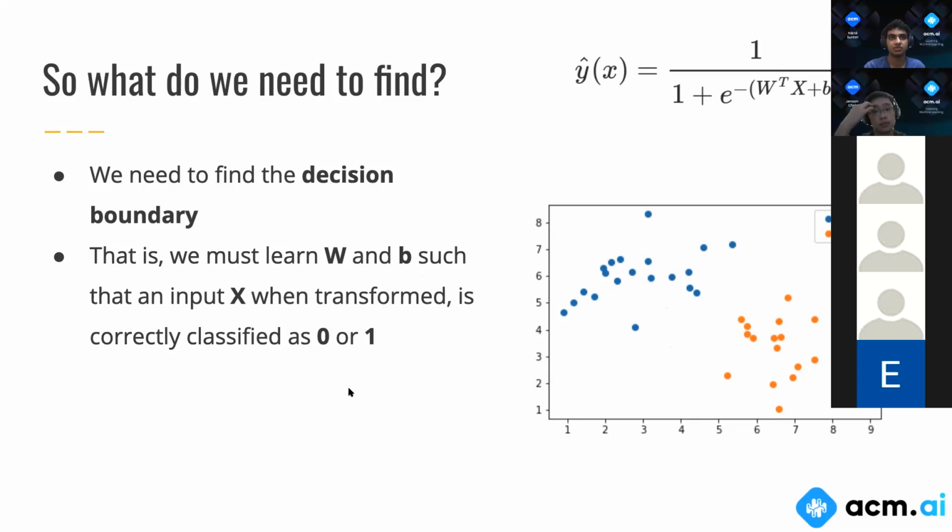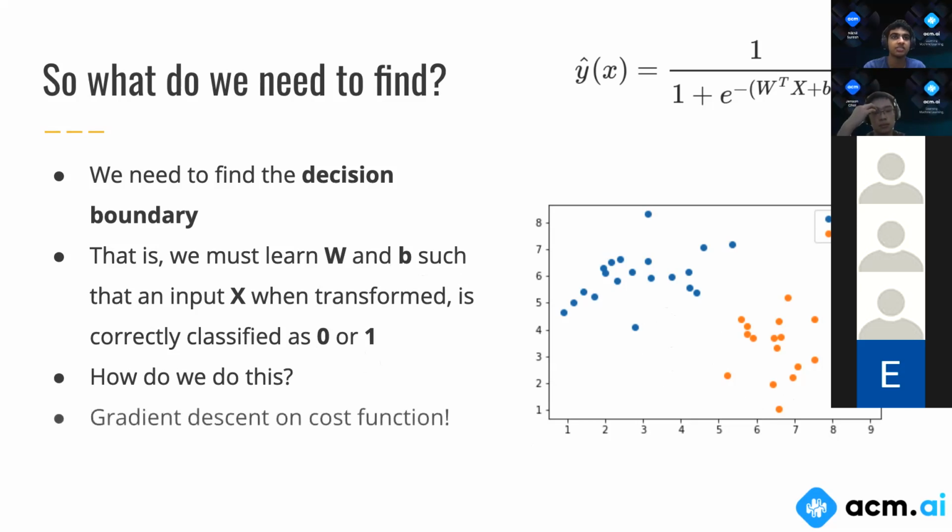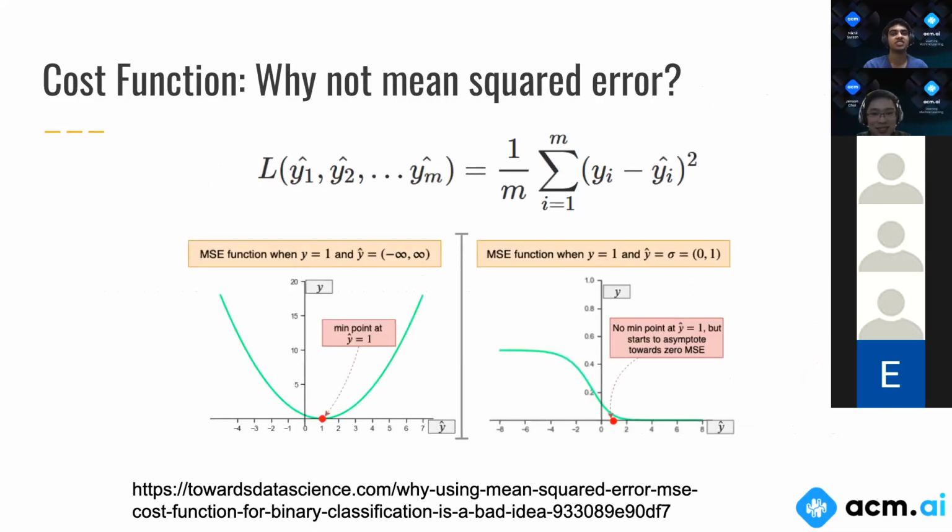So this is why 0 or 1 is used in this case. And so the question now becomes: how do we find these weights and bias? Again, we have everyone's favorite math and machine learning terms, gradient descent on a cost function. So let's go into the cost function.